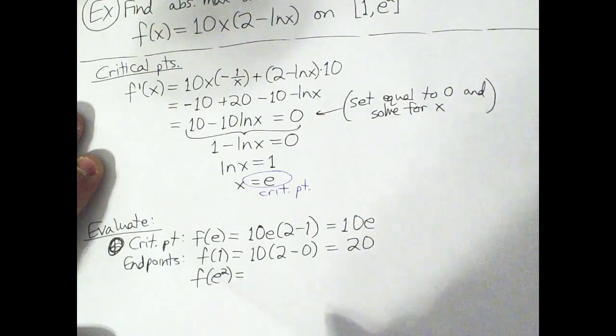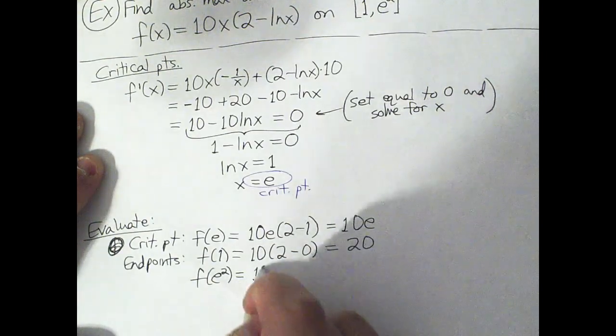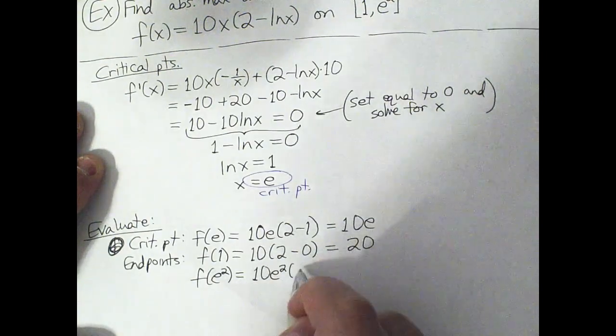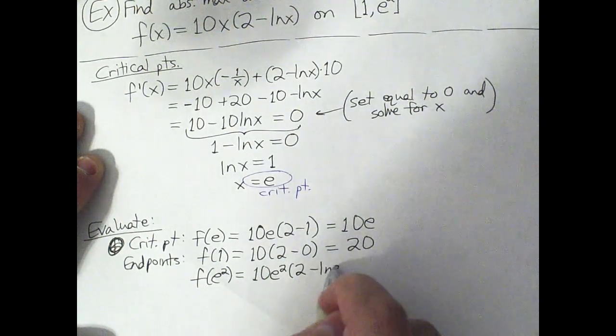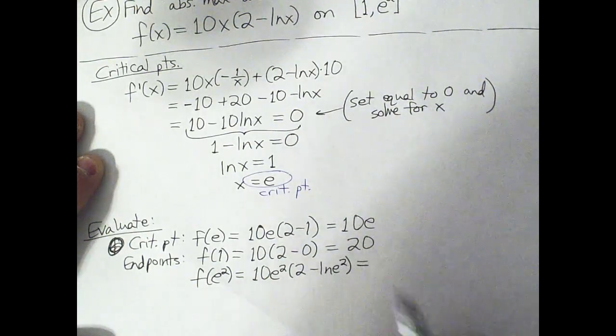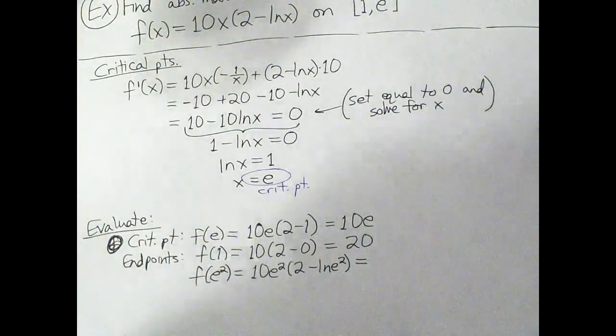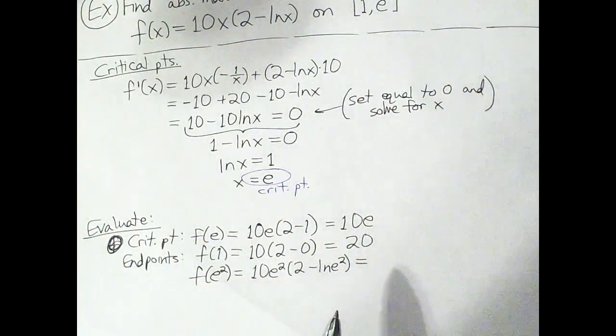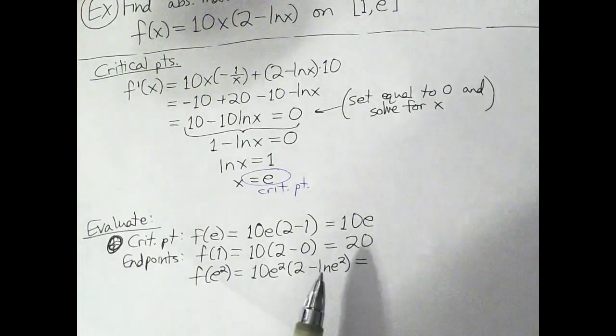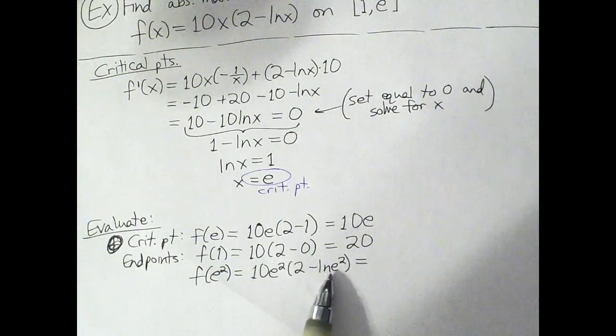Put e squared into the original function. You get 10 e squared times 2 minus ln e squared. Can you see what that equals? We can do this by hand. You don't need a calculator for any of this. Look at this. Ln of e squared, I know because of logarithms.